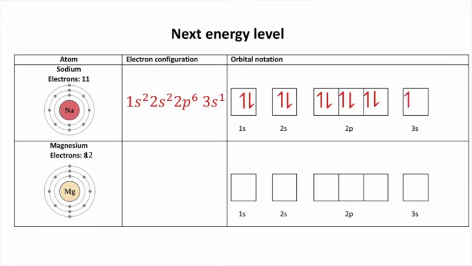For magnesium, with 12 electrons, our electron configuration is 1s2, 2s2, 2p6, 3s2, and with our orbital notation, 1s has 2 electrons, 2s has 2 electrons, 2p has 6 electrons, 2 of them in each of the p orbitals, and 3s has 2 electrons, 1 up and 1 down.